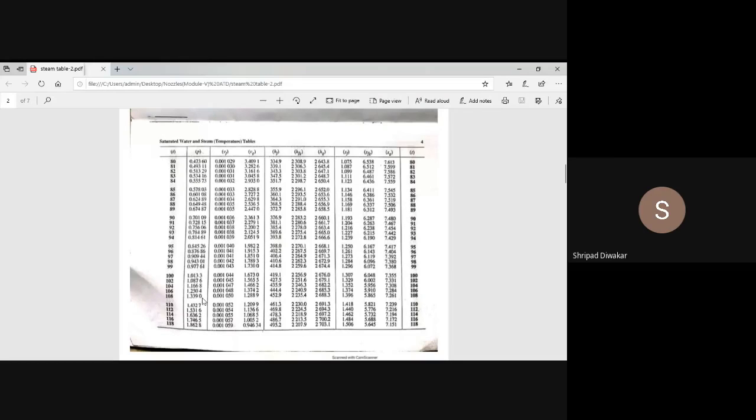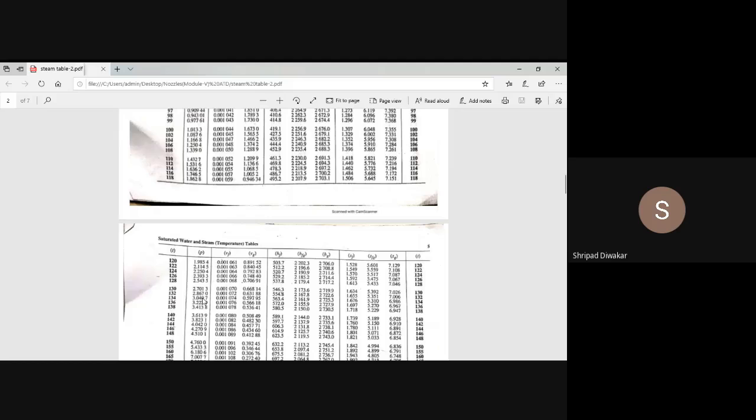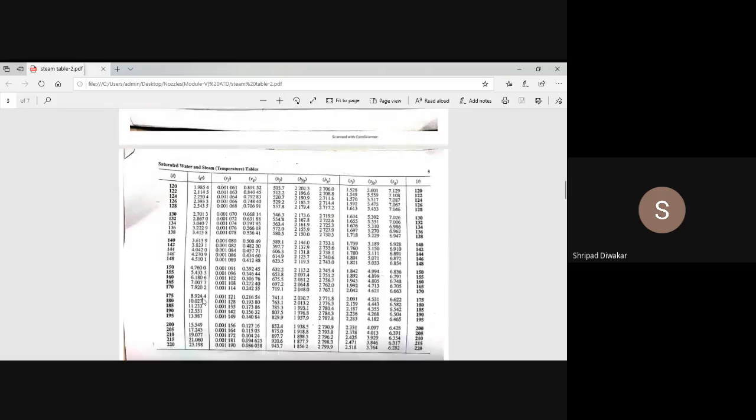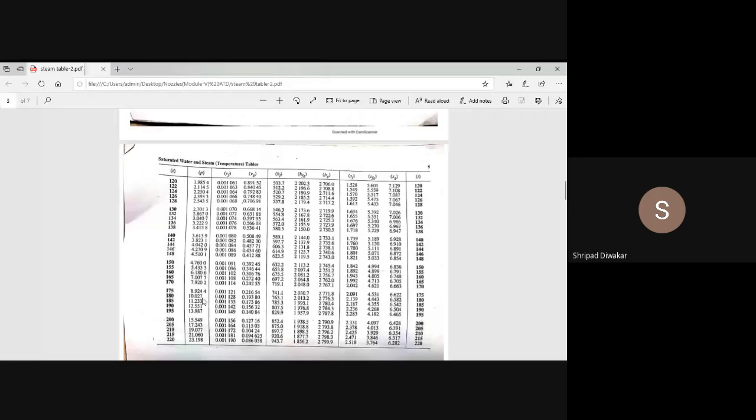Now I'm taking another value. I want to find the steam properties at 140 degrees Celsius and the corresponding pressure. Immediately after temperature, you have the pressure column. Sometimes they ask what is the pressure at 140 degrees Celsius. At 140 degrees Celsius, pressure is 3.61 bar. This is the specific volume of steam.